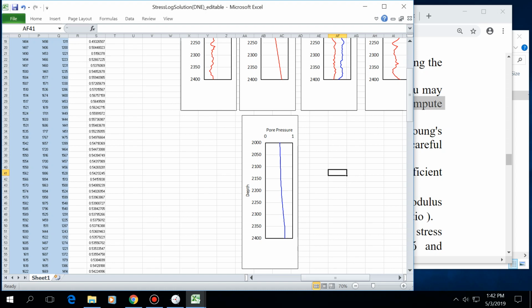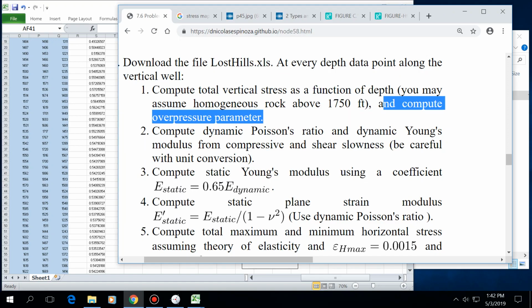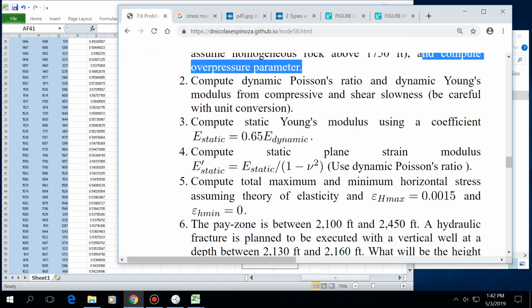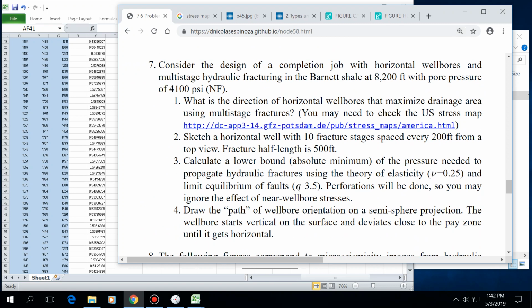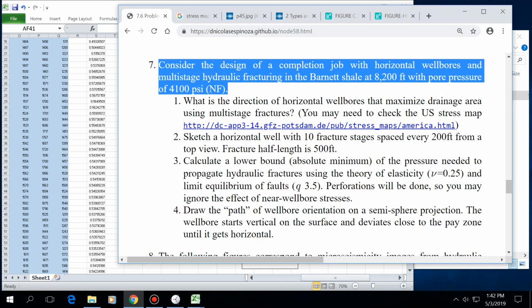And for next week, you need to solve these other two problems, which are going to be the last two problems in the homework. This one is relatively straightforward. You have to go into the web to look for a stress map of North America.